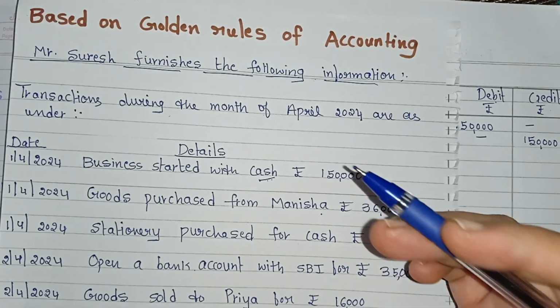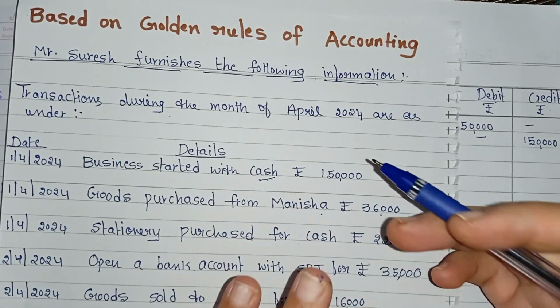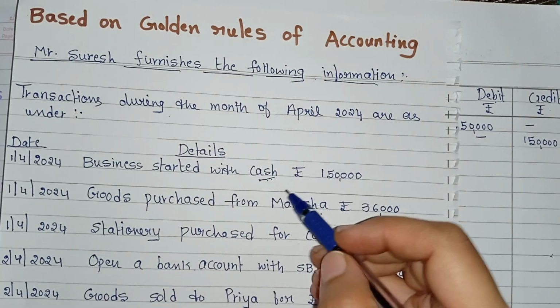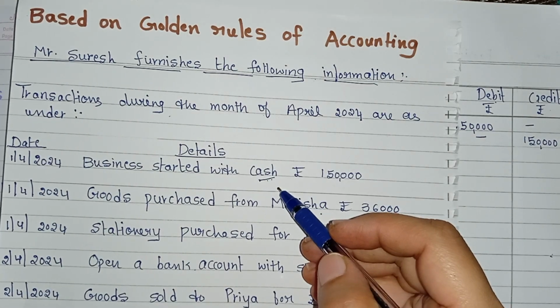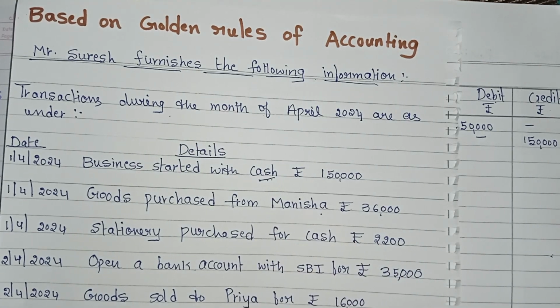What is the first step? First we need to identify the types of accounts involved in this transaction. Here the two accounts involved are cash account and capital account.